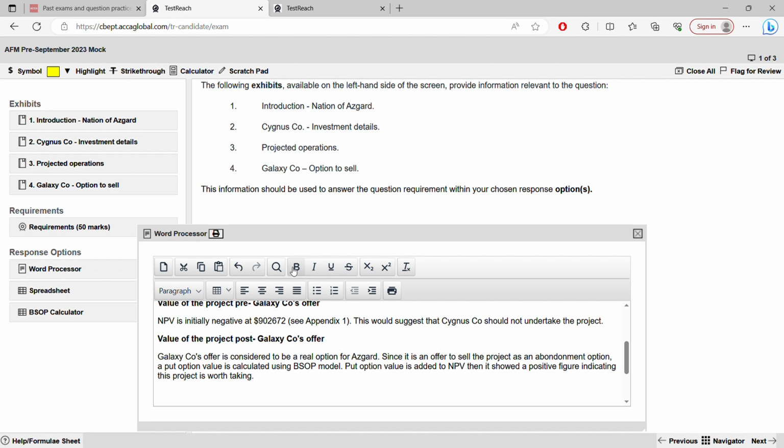So keep your sentences simple and short. Okay, you don't have to use complex English language to get your professional skill marks.